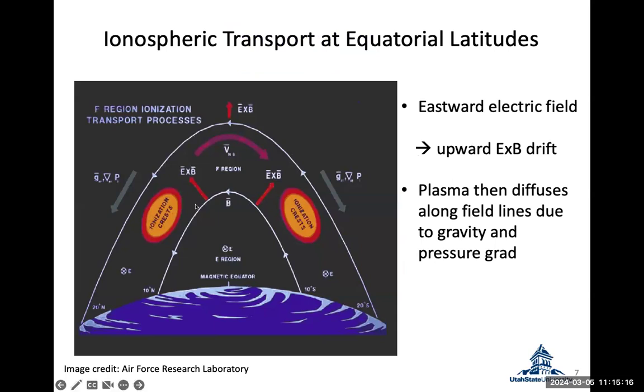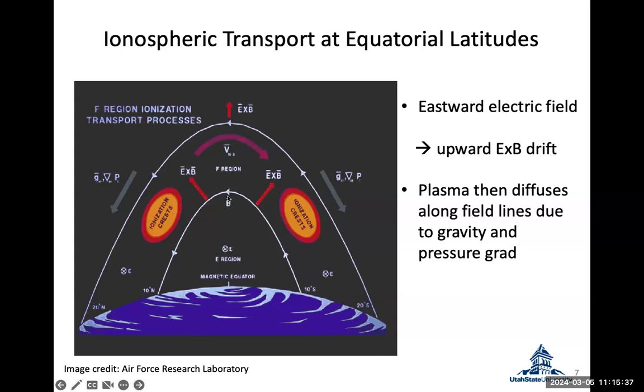This is a schematic here for the low latitude ionosphere that shows one of the most important dynamical processes, where if we look at the Earth's magnetic field, right at the equator, it's horizontal, as it shows here.